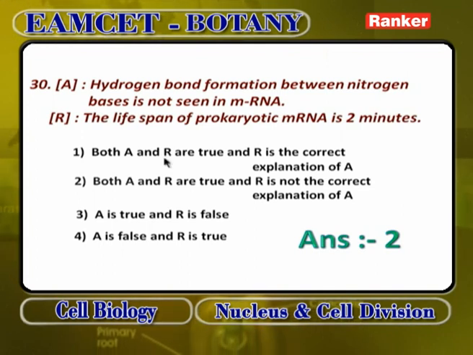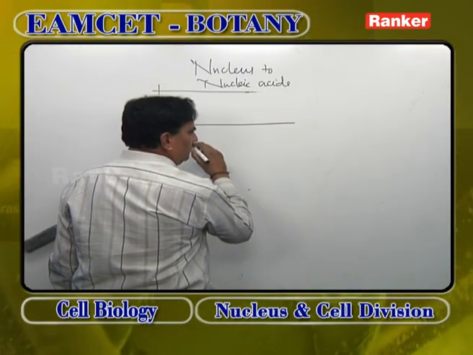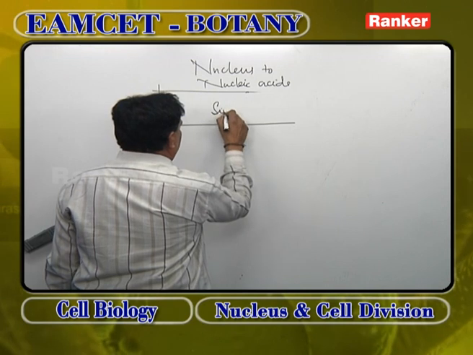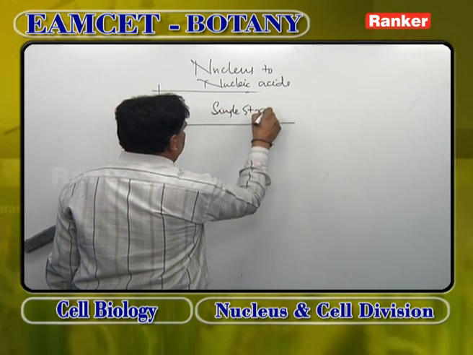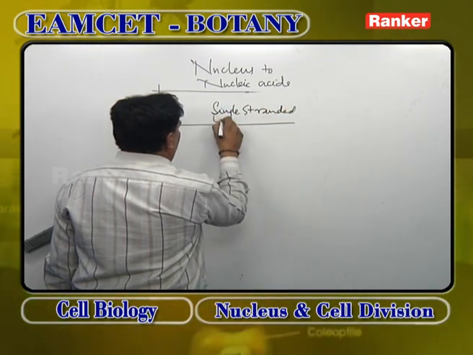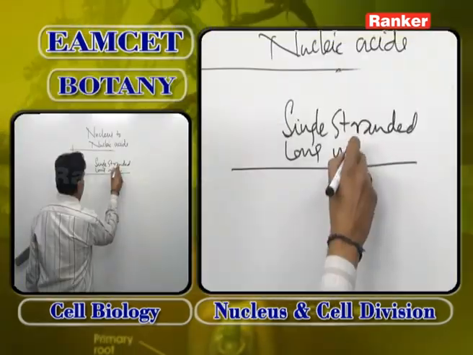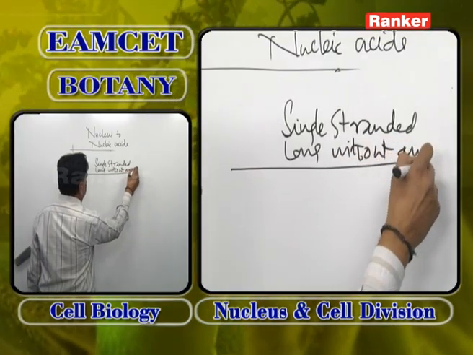Another assertion reasoning. Hydrogen bond formation between nitrogen bases is not seen in mRNA. Why? Because mRNA is single stranded and a long component without any foldings.